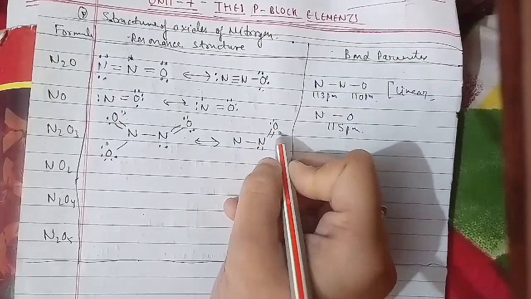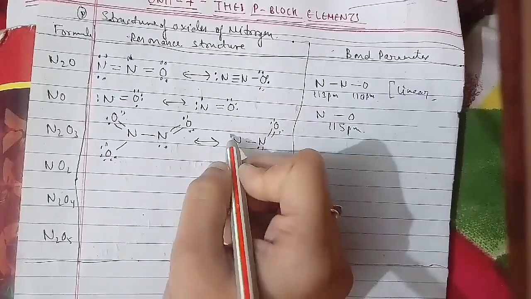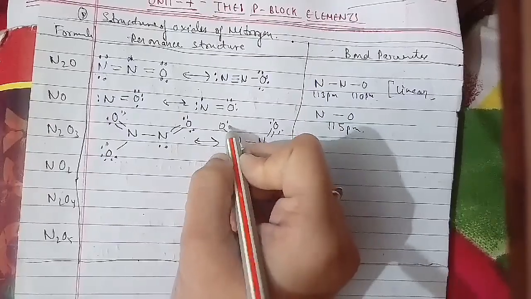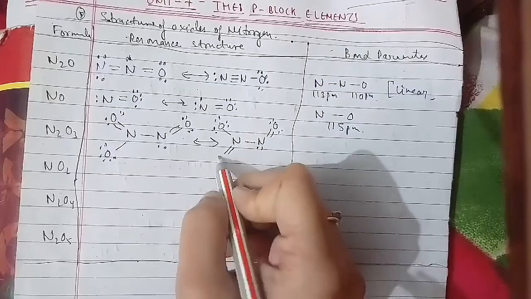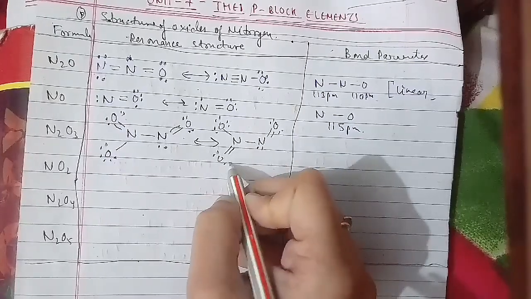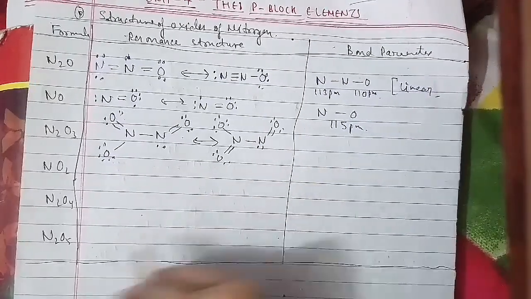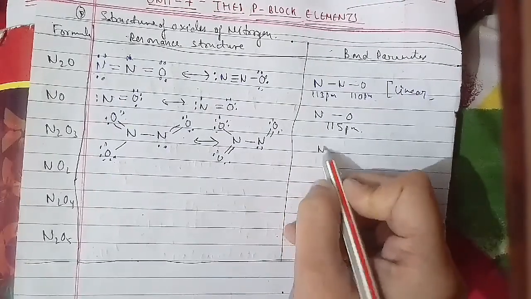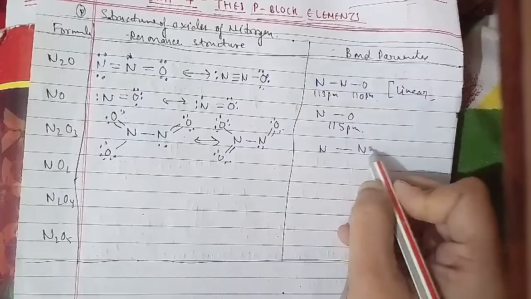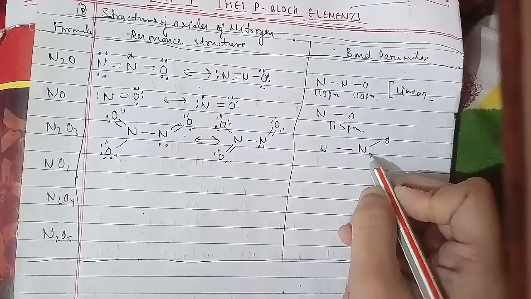For the bond parameters, N-N and N-O, the N-O length is 114 pm, and the angle they form is 105 degrees.